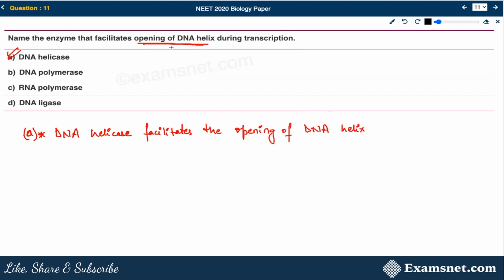Now, this option B, DNA polymerase, will be responsible for polymerizing the DNA, for the DNA replication process. So B, which is DNA polymerase, is actually required in the DNA replication process.